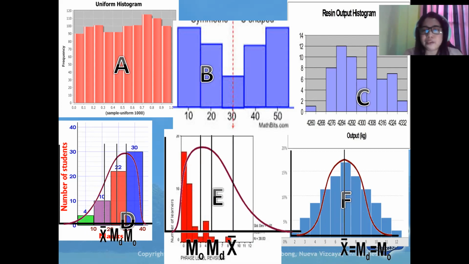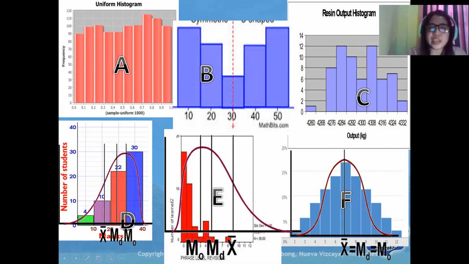We also have an indication for the mean, the median, and the mode. If the mean is equal to the median and is also equal to the mode, we use the symbols Md for median and Mo for mode, and we say that the shape is normally distributed.